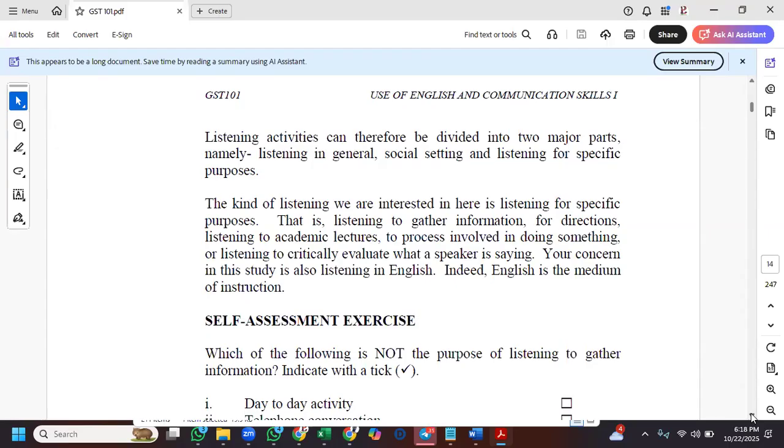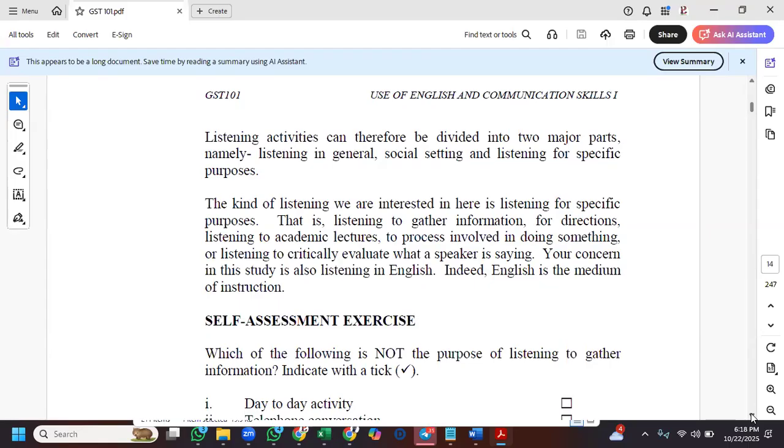Now, do you know that when you are in a club and everybody is just saying their own, this one is saying his own, this one is saying his own, it's different from when you are in a class like this. You are actually in that class for a reason. That reason is what will drive you into paying rapt attention to whatsoever is being done there. That is a specific purpose for listening.